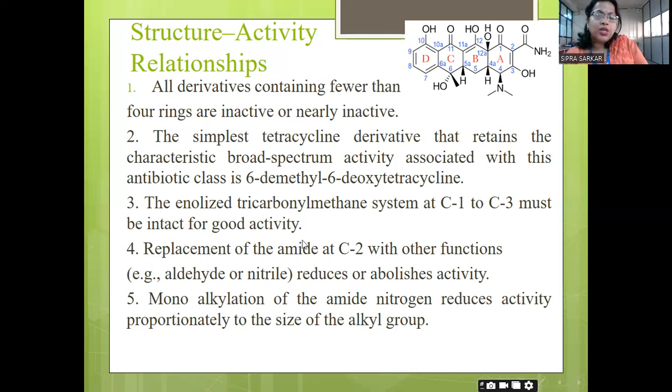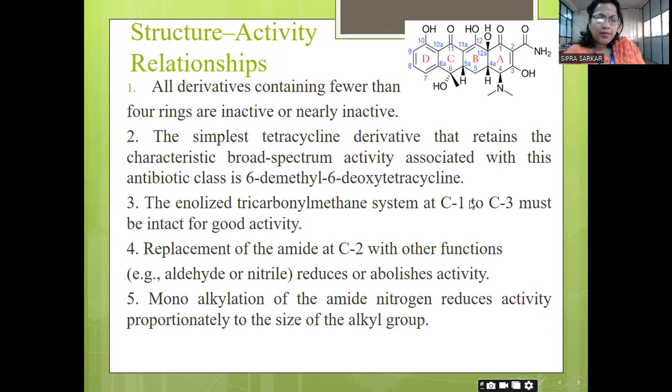Next, replacement of the amide at the C2 position. At the C2 position, if the amide group is replaced with another function, such as aldehyde or nitrile, it reduces or abolishes activity. That means the CONH2 group is very essential for the antibiotic property. Monoalkylation of the amide nitrogen reduces activity.